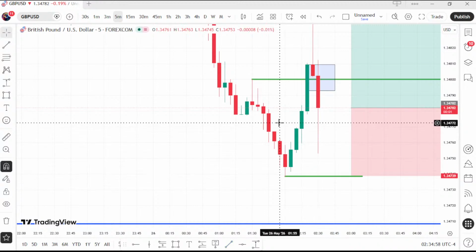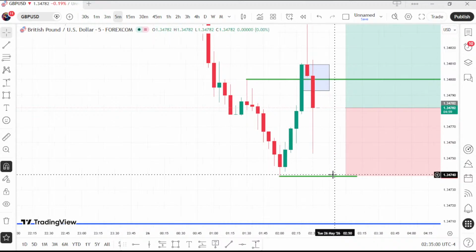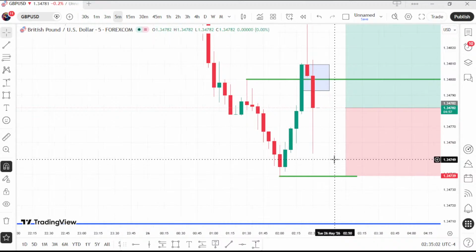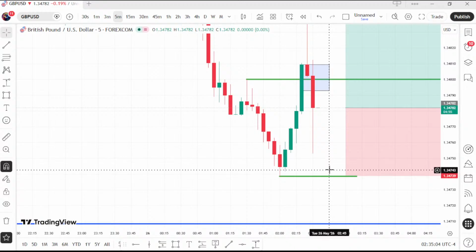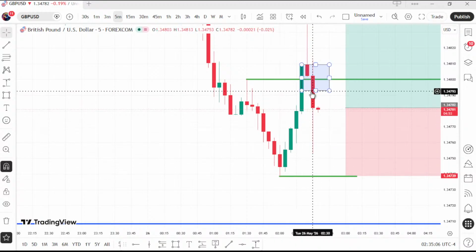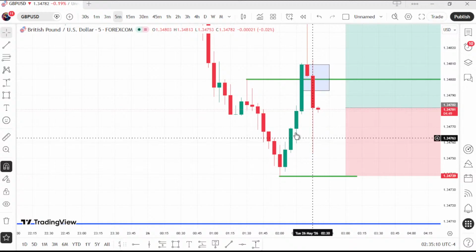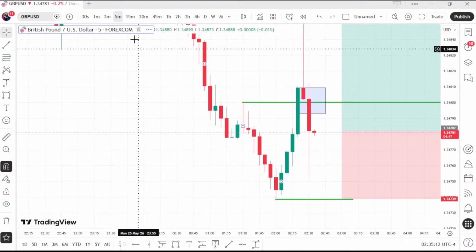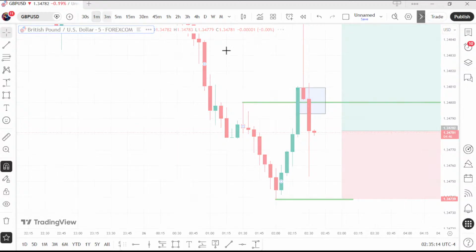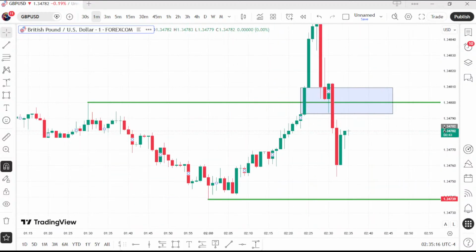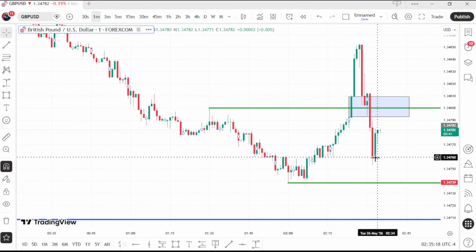I want to see price. If price comes below that low, then price is telling us that you are wrong. It's getting another candlestick in the 5 minutes, so you can enter that again. But let's watch it.